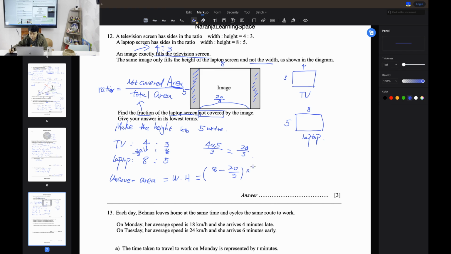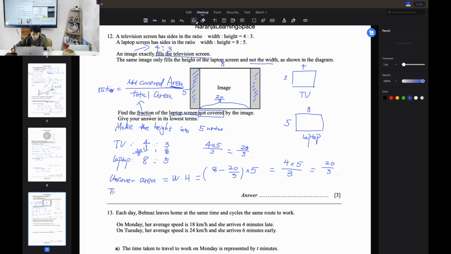Height is 5. That gives us 4 times 5 equals to, same thing, right? 4 times 5 again. Yeah, it's 4 times 5. Okay, so it's 20 over 3.